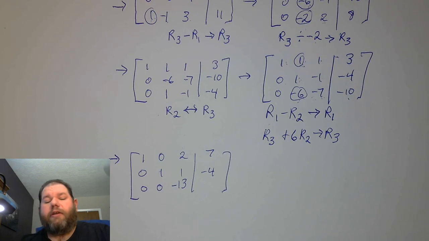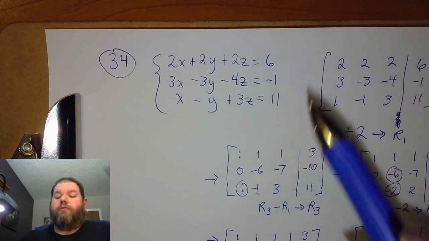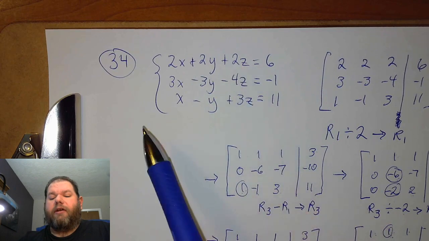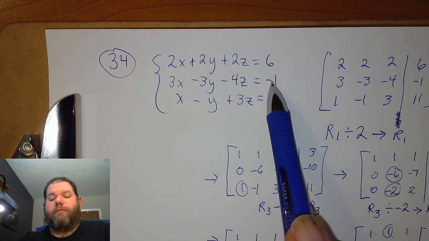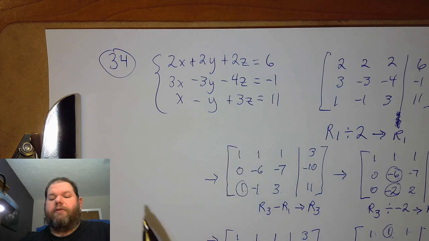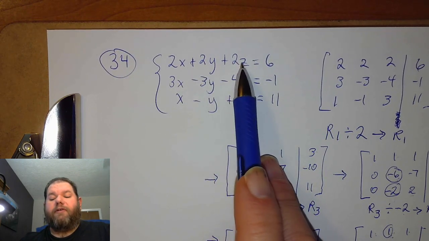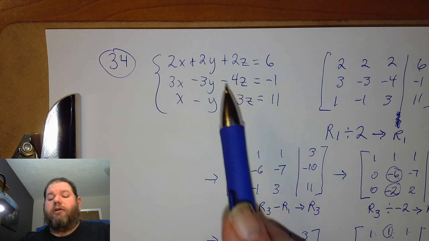What we're actually trying to do here is find a value, and let's look at the original equation. We're trying to find a value for x, y, and z where all 3 of these equations yield true statements. So is there a value for x, y, and z where 2x plus 2y plus 2z equals 6? Certainly there's a lot of values where that's true.